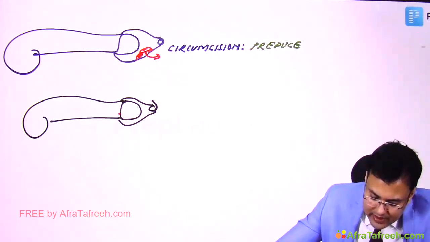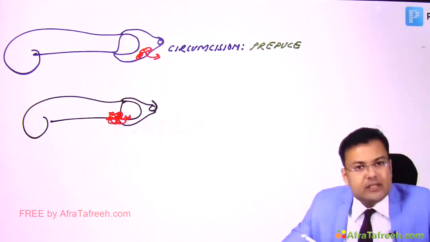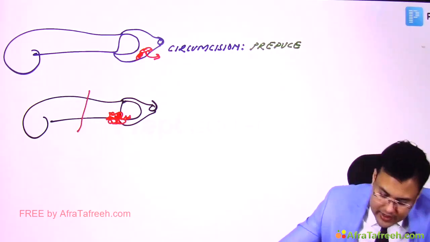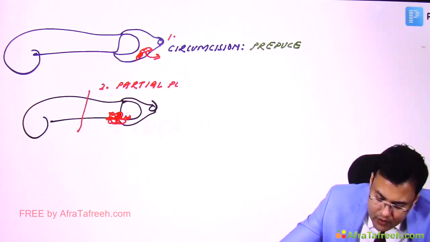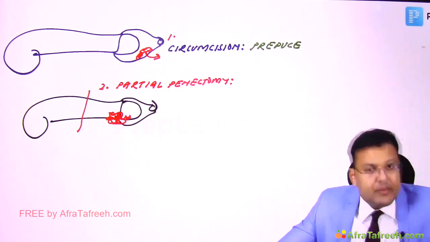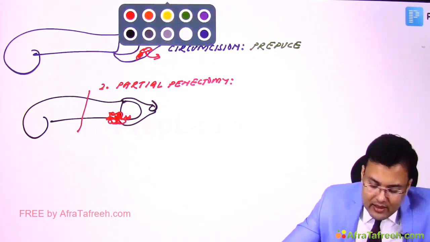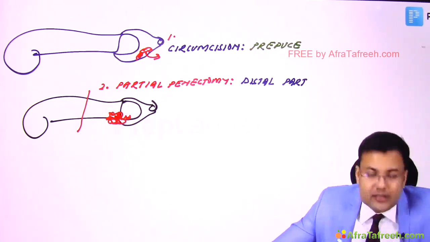Suppose it's involving glans or this area. So if it's involving distal part of penis, we go for partial penectomy. So second option, we have partial penectomy with 2 cm margin. And this partial penectomy with 2 cm margin is done for which malignancies? Involving distal part.